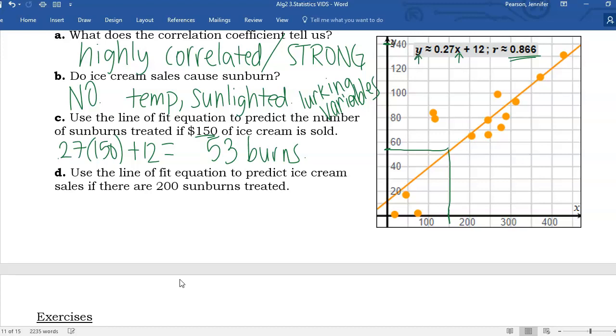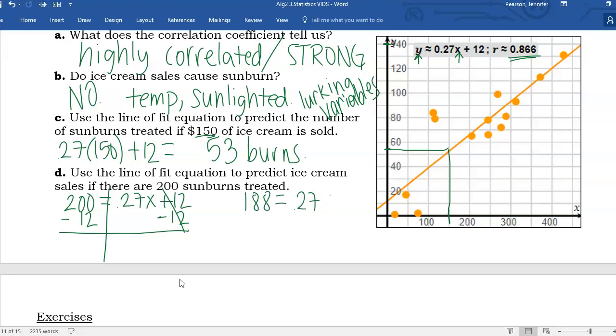I'm going to sub 200 in for y, and then we're going to do just a standard linear solution. 200 is 0.27x plus 12. So we're going to minus 12 from each side. Whether you like that equals 200 in the front or equals 200 in the back, it's not going to make a difference. So that gives me 188 equals 0.27x.